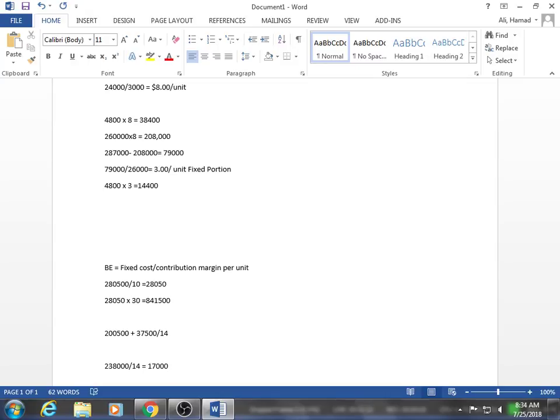How many units do we have to break? Well, 17,000 is the new break even point. So usually the break even is here. 5,000, 10,000, 15,000, 20,000.